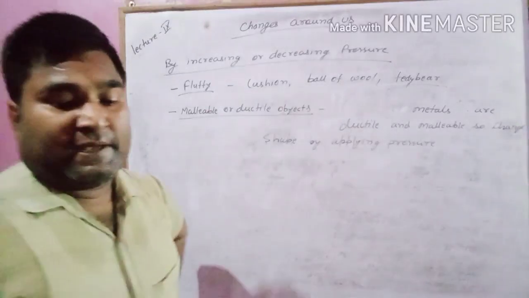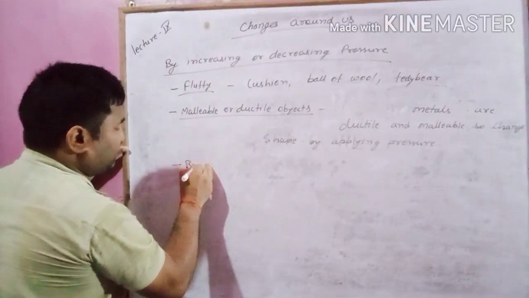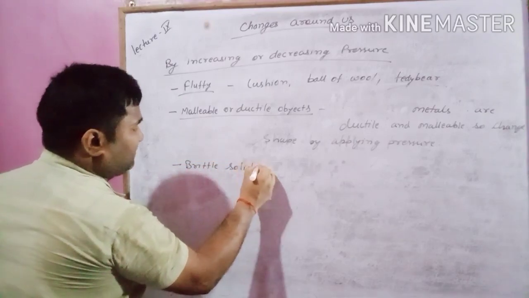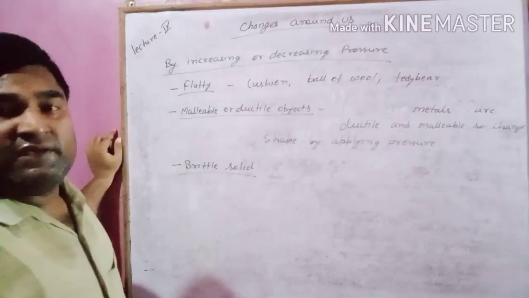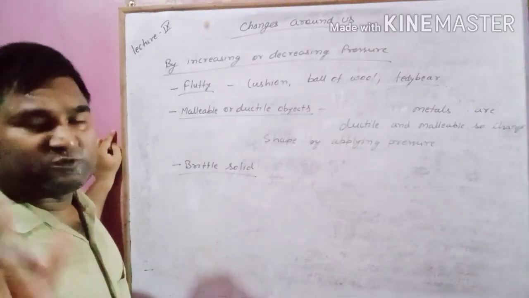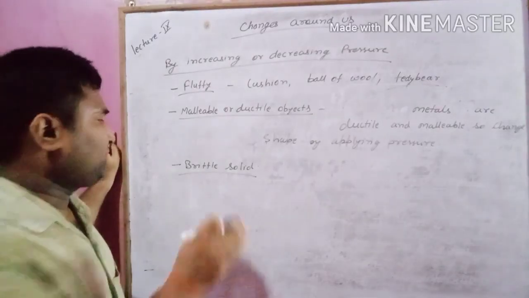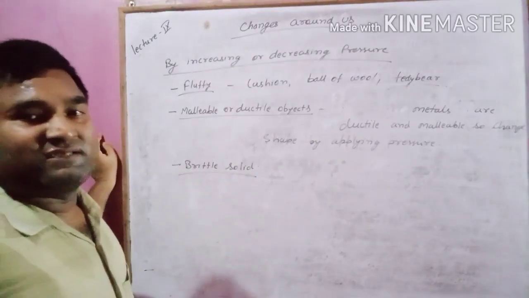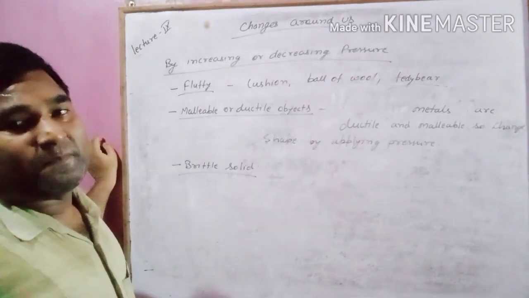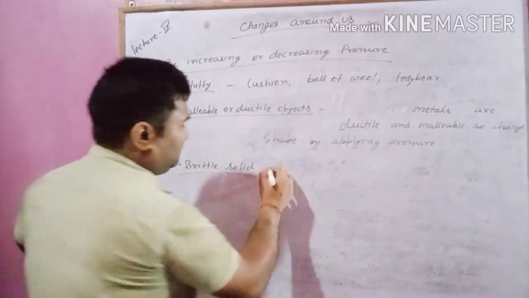Third is brittle solid. If the solid is a brittle solid, like a biscuit or coal, these are solid, but on applying pressure they break. What do we mean by brittle substance? A substance that does not change its shape but breaks on applying pressure is called a brittle solid.